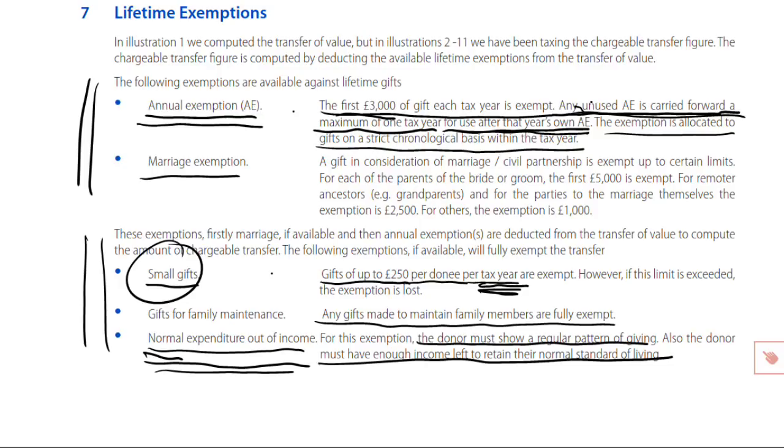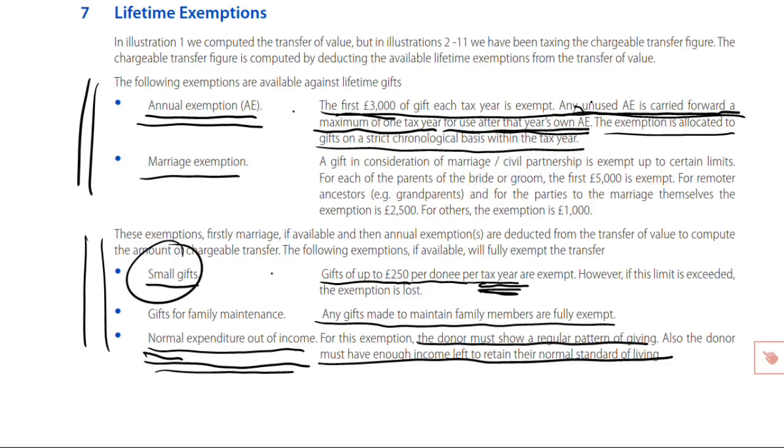That would still leave £1,000 of the previous year's annual exemption at this moment unused. And if this were the only transfer I made in this tax year, then I can't carry forward that £1,000 for more than a year, so it would lapse at the end of this year. So always remember, where you have available an unused annual exemption brought forward from the previous tax year, you only use it after this year's own annual exemption has firstly been fully used. Don't worry, we'll be testing these issues in just a moment's time.